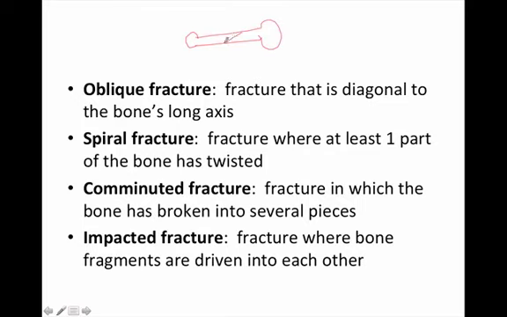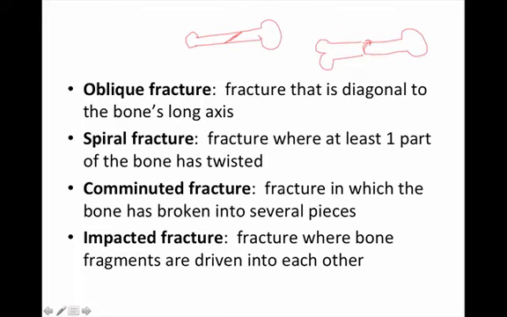So something like that. Spiral fractures are when there's at least one part of the bone that is twisted. This is hard to draw, but imagine a bone that is broken and there's sort of a twisting of it. That's what we call a spiral fracture.